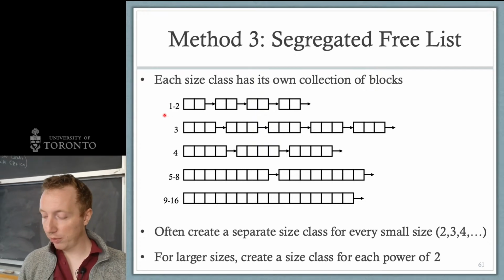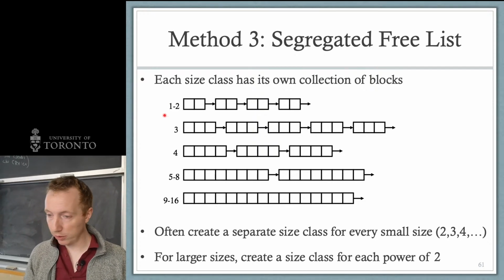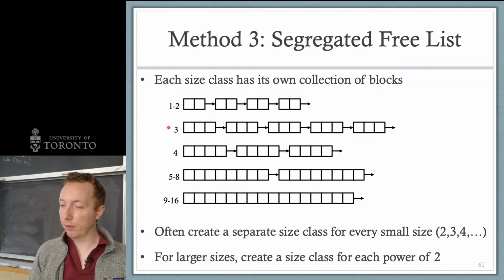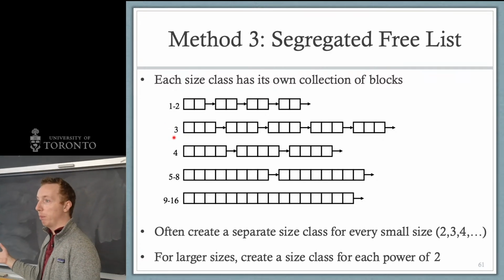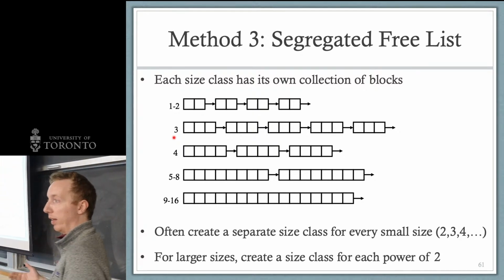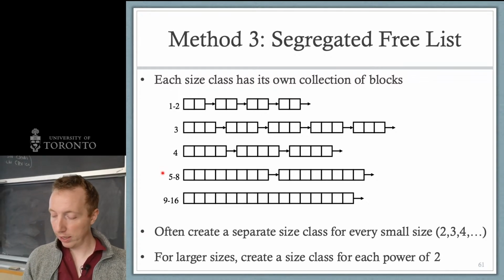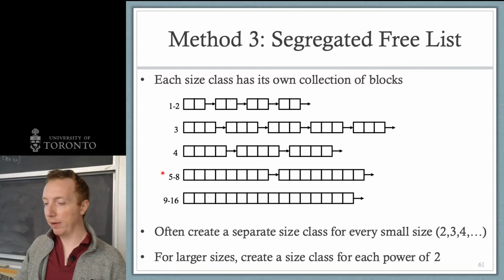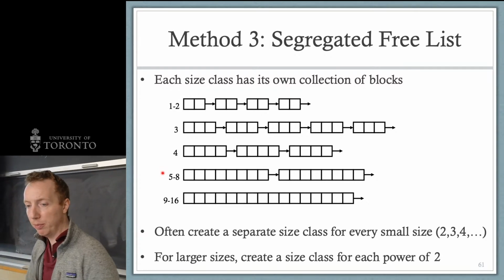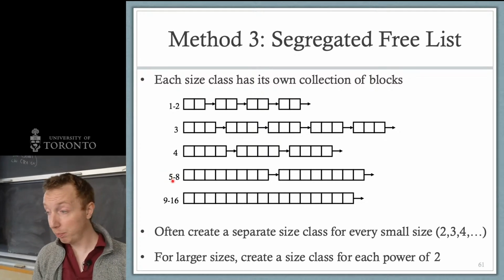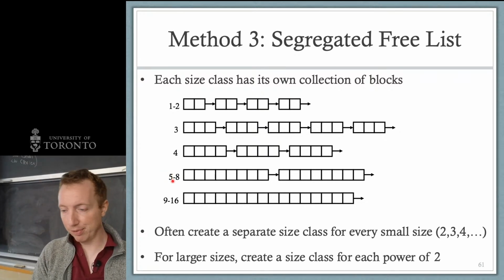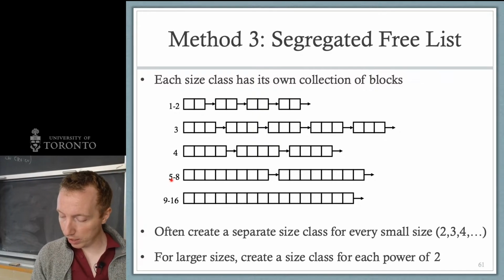So maybe you have a list for small allocations of 1 or 2 blocks, maybe a list for 3s, maybe a list for 4s, and then you don't ever bother coalescing or doing anything like that. You keep them split for the same reasons as before. And then once you get to 5 and 8, you can assume that people will mostly use powers of 2 and special case the other ones, round up.